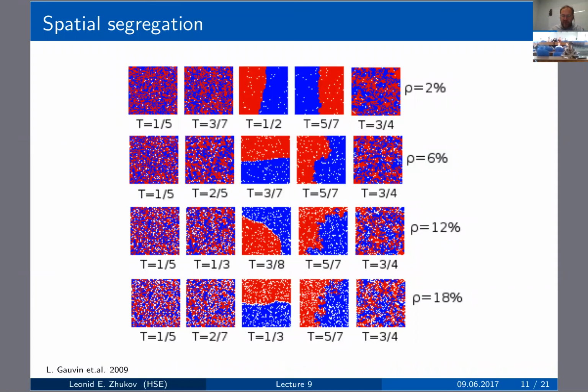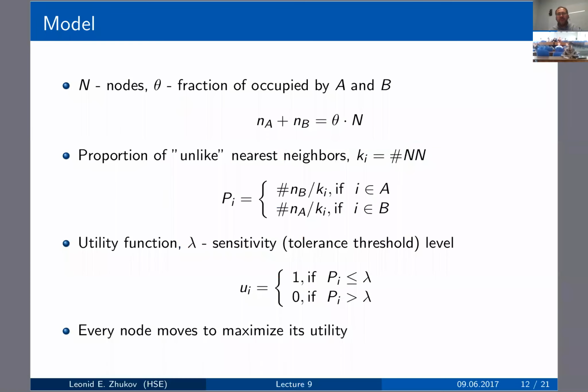Okay, I'll move on. How can we actually make this practical, and how can we use it? By the way, this lecture has two goals. One goal is to introduce you to this particular model of segregation.